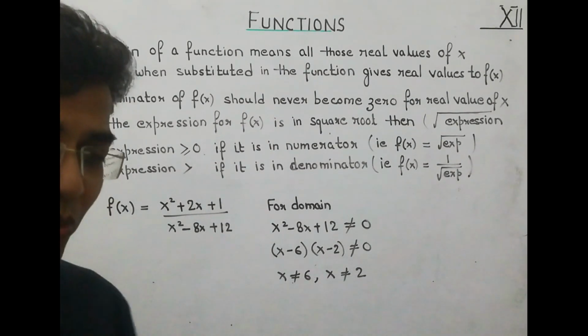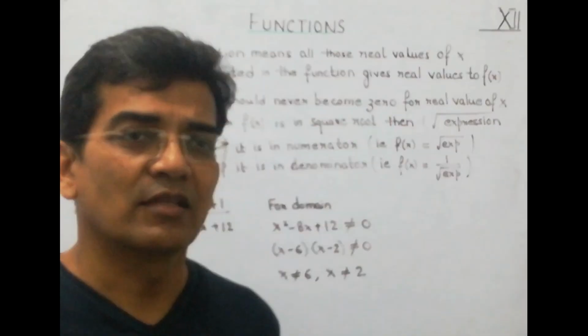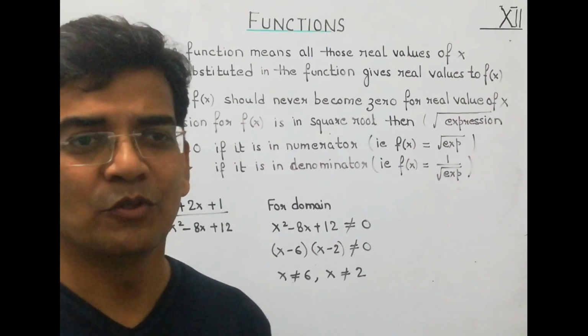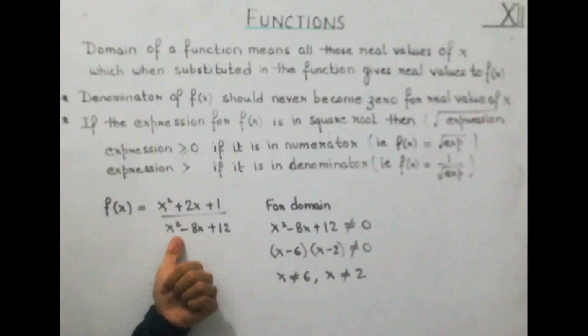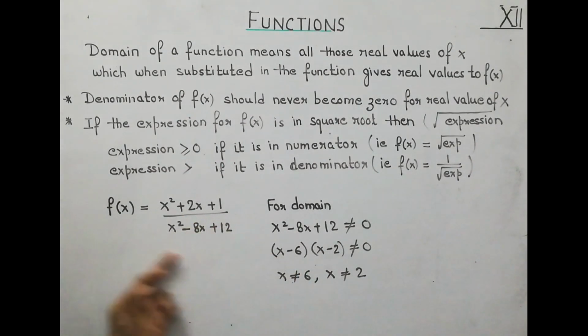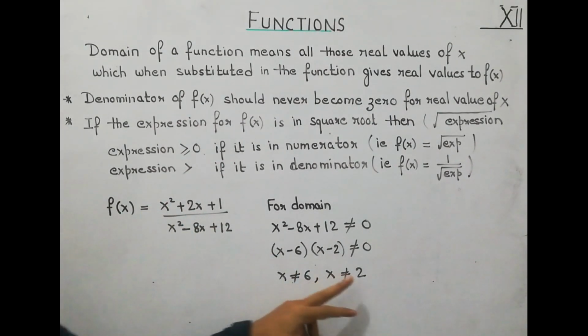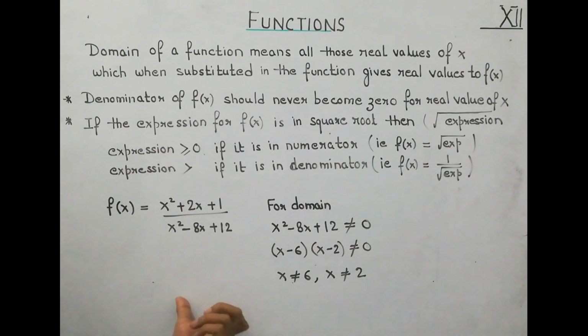So we have to leave out those values of x that can make the denominator 0 to get the domain. So these two values here are making the denominator 0. If you put 6, the denominator will become 0. If you put 2 over here, the denominator will become 0.